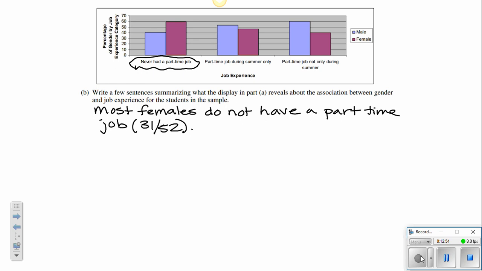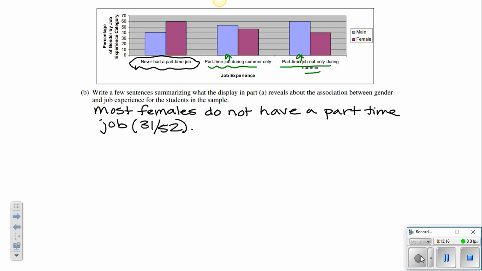Let's take a look at the other types of categories there. So notice that the males in both the part-time job during the summer only and the part-time job not only during the summer is also going to be kind of significantly higher, okay? So it's going to be pretty high as well.